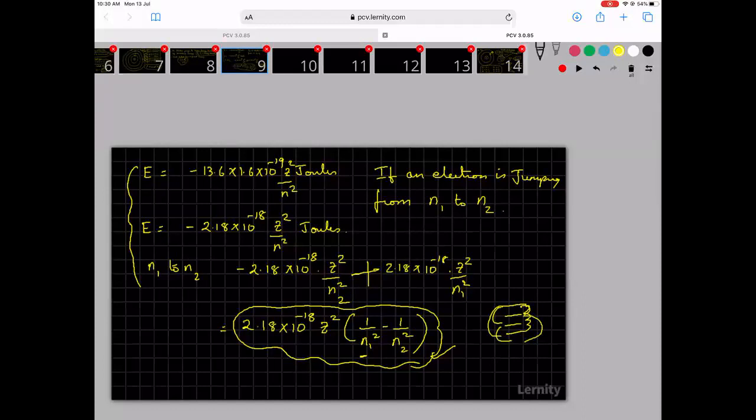Electrons are not disciplined that they will go one step after the other. I can jump directly from 1 to 3, or from 1 to 2 and then 2 to 3. I can jump directly from 1 to 4, or go 1 to 2 and then 2 to 4, or 1 to 3 and then 3 to 4. All these are possible.